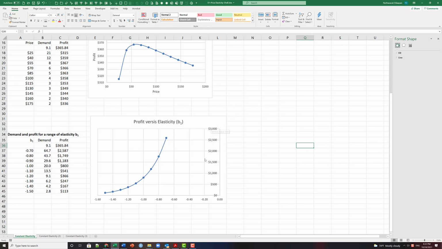So we want to move the y-axis labels to this other side. Instead of it crossing value 0 on the x-axis, you want it crossing minus 1.6.